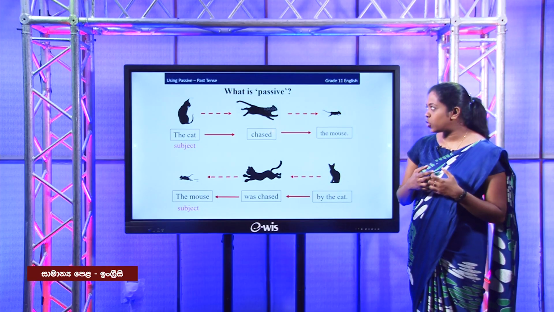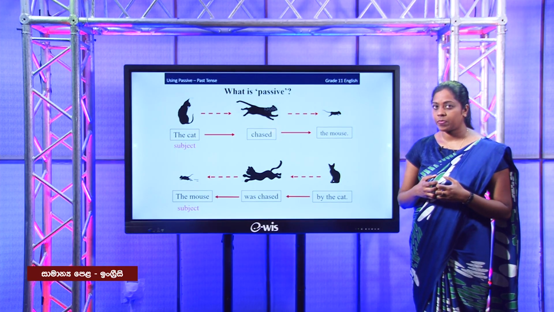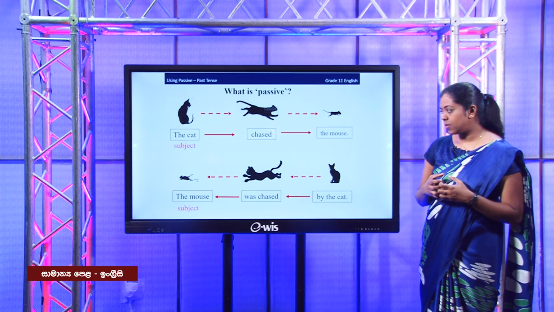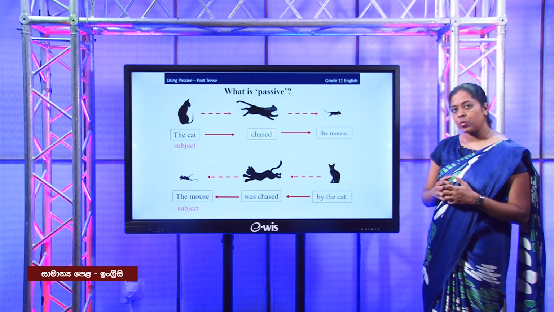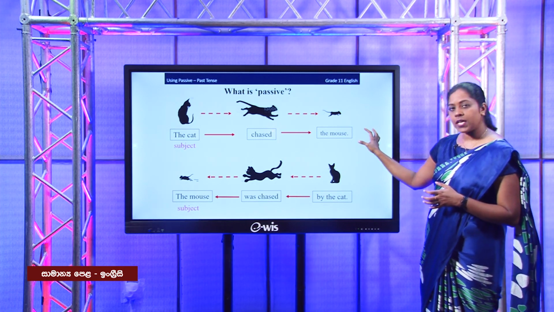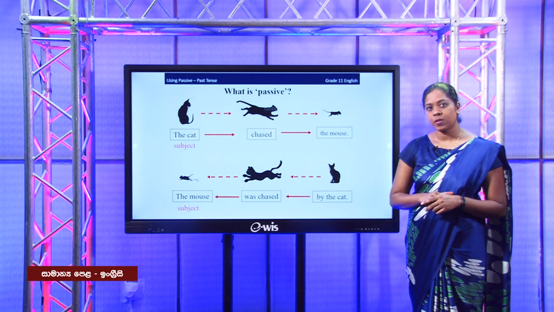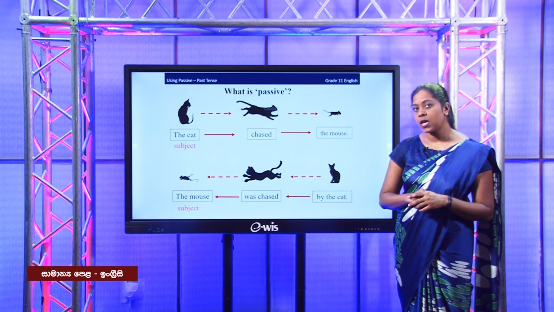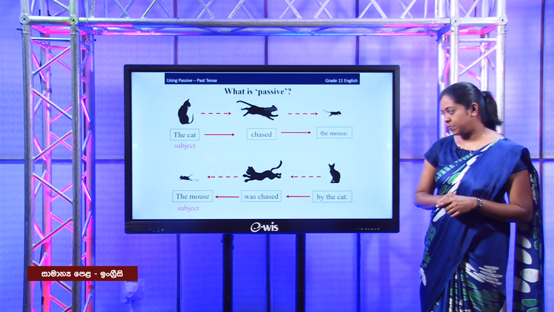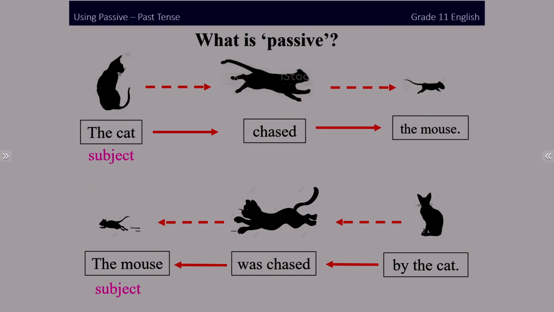When we change this into passive, see what happens in the second sentence. You can see the object in the first sentence has gone in front. We start the passive sentence with the words the mouse. And then the cat, which was the subject of the previous sentence, has come to the object position.